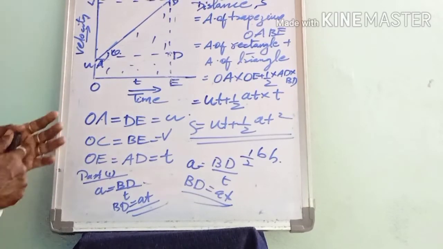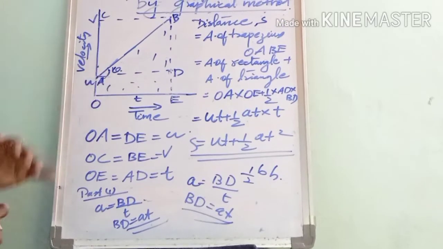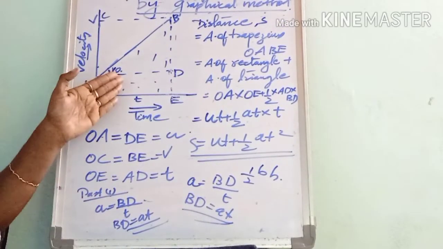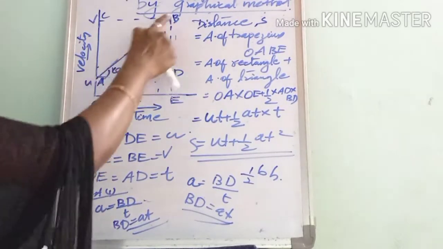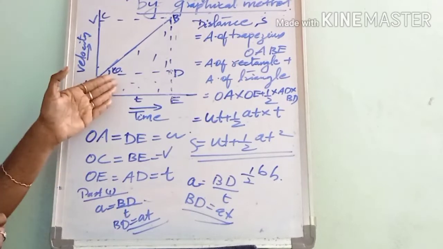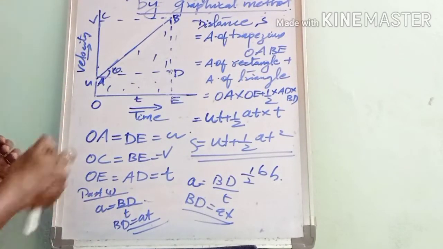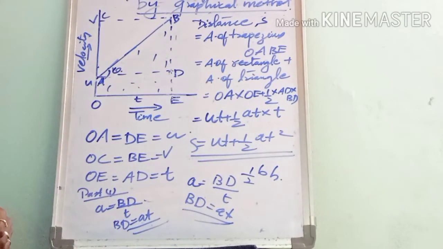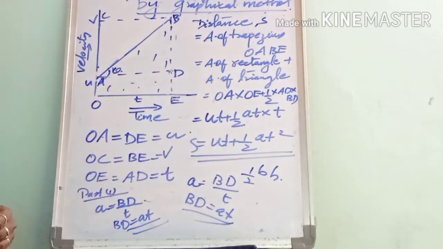The distance travelled by the object is given by the area of the trapezium OABE. This area includes a rectangle and a triangle, so its area is area of the rectangle OA into OE plus area of the triangle.